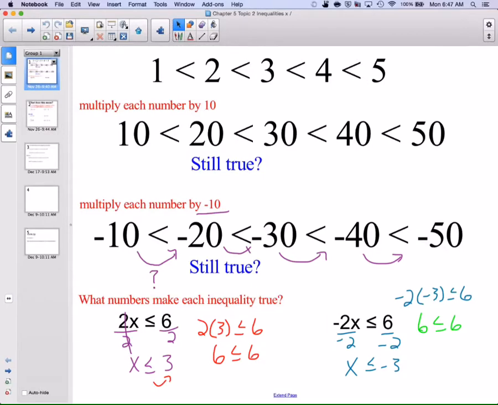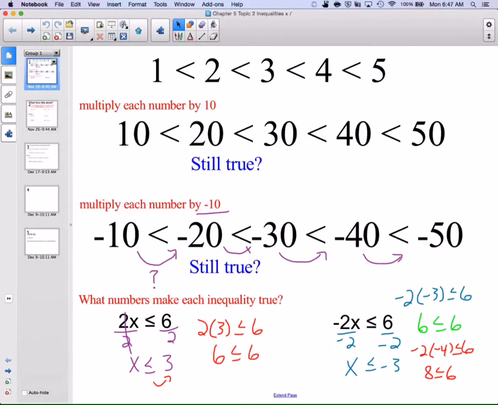Let's try negative 4. See, it does not work anymore because 8 is not less than or equal to 6.